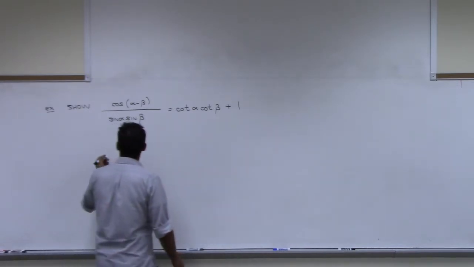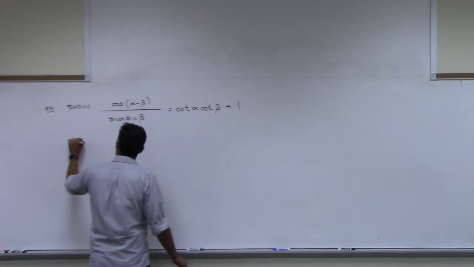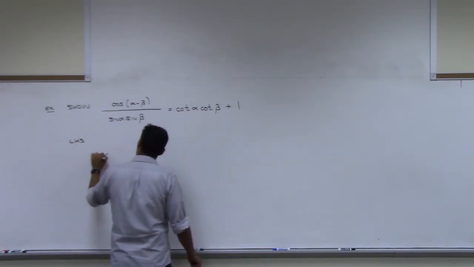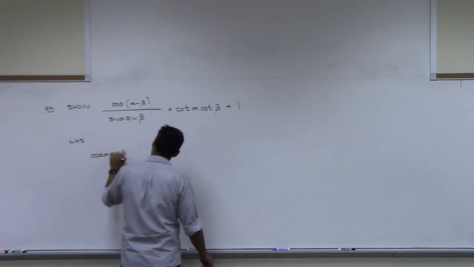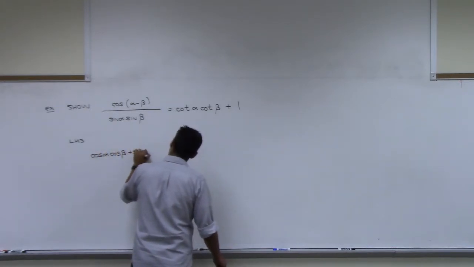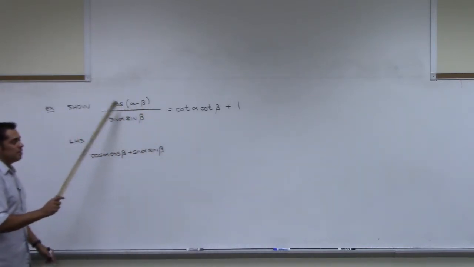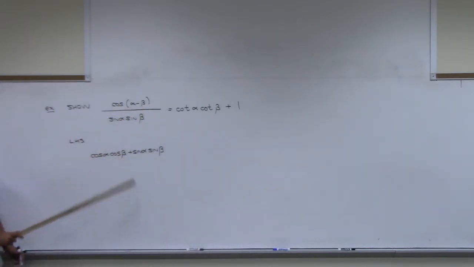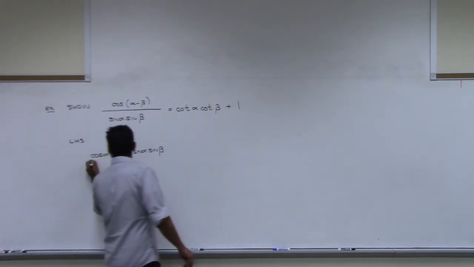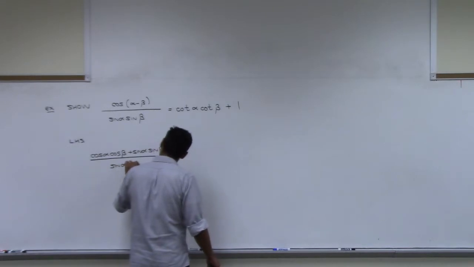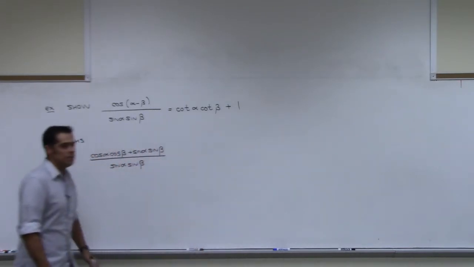Cosine of alpha minus beta, so I'm starting with the left-hand side, is cosine alpha cosine beta plus sine alpha sine beta. Right? We proved that one actually using circles. Over sine alpha sine beta. That's actually good news.